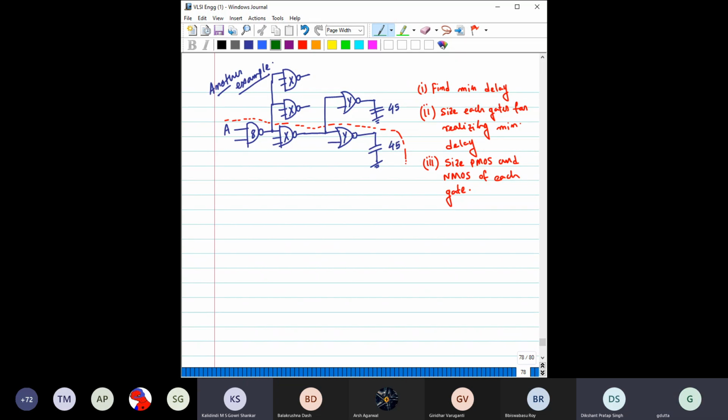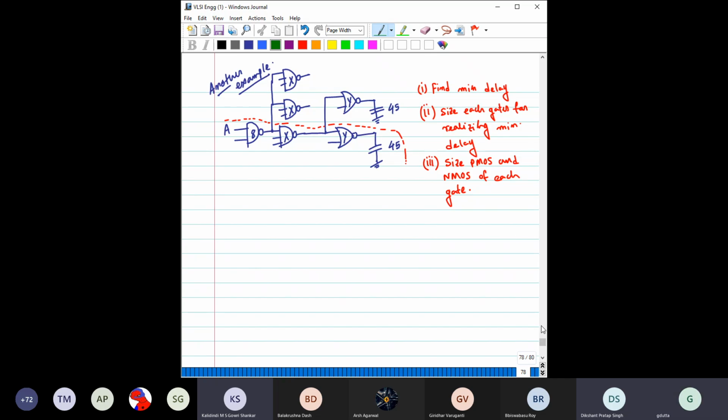It is mentioned the path is here, means we are interested in finding the delay along this path. So we have to find what should be the minimum delay, and to achieve that minimum delay, what should be the size of each of these transistors, and what should be the size of the PMOS and NMOS for each transistor.